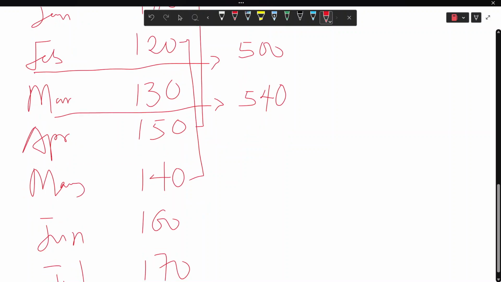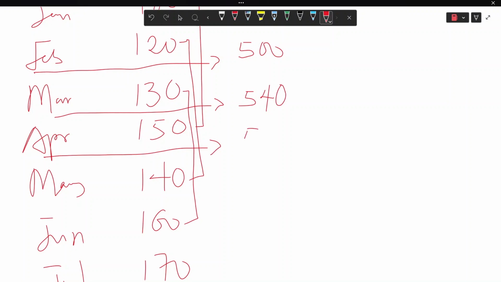The next one will be from 130 to 160. So 130 plus 150 plus 140 plus 160, giving us 580.